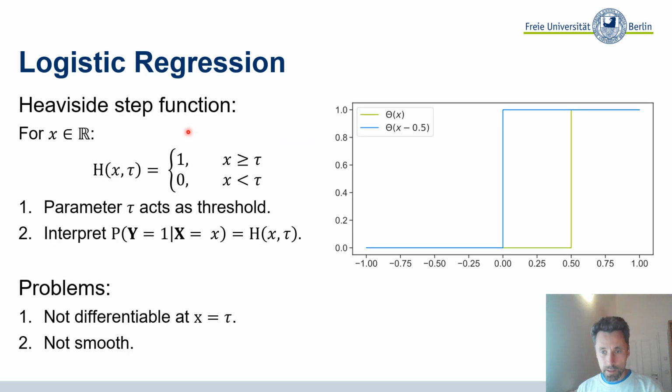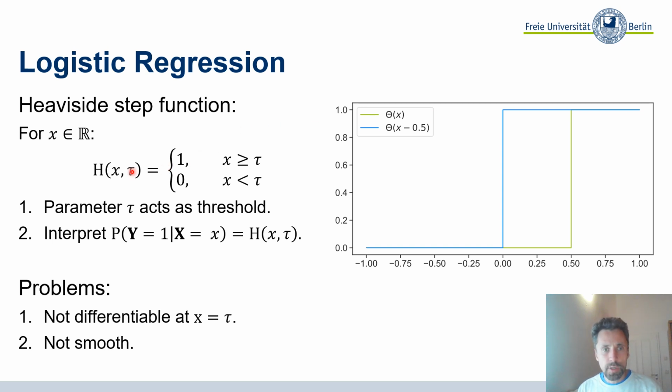So one way to represent this probability is with the Heaviside step function. So in our, let's say, one-dimensional input space for X, we have samples that all belong to class 0. So this should be output 0 of the Heaviside function, and then we have this sharp step, and all x's above a certain threshold result in an output of 1.